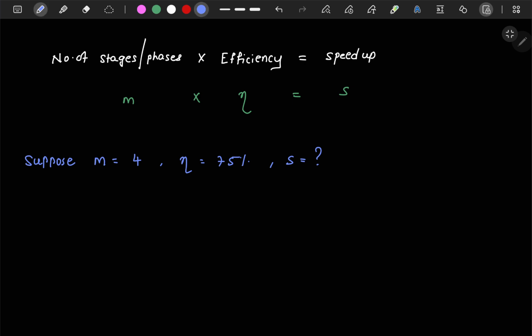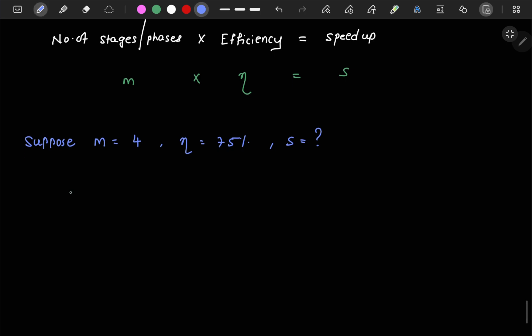Now if you want to calculate speed up, M into efficiency equal to speed up. What is M here? 4, and efficiency is 75%. Equal to S. Now 75% is equivalent to 3 upon 4.